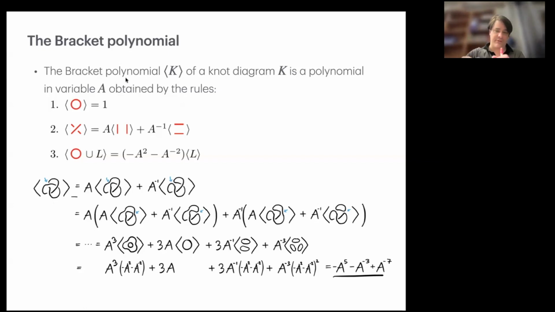So if you move it around, create new crossings, and it's topologically the same, it returns the same invariant. And probably one of the most famous polynomials is the Jones polynomial, or by some substitution it can be converted to the bracket polynomial.